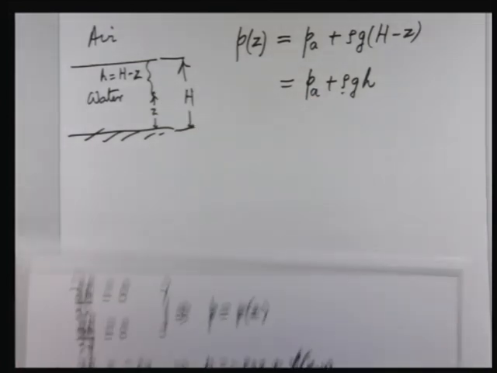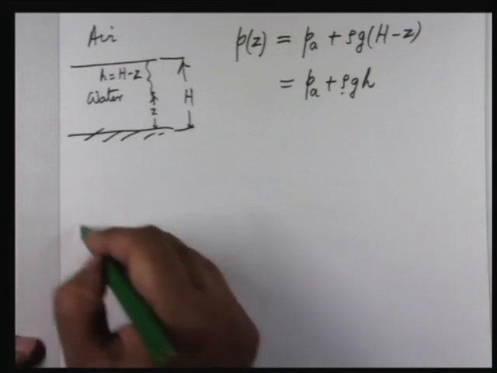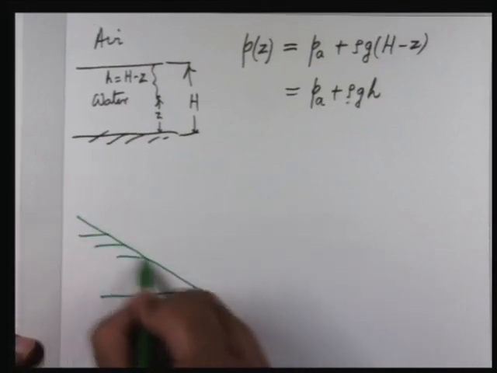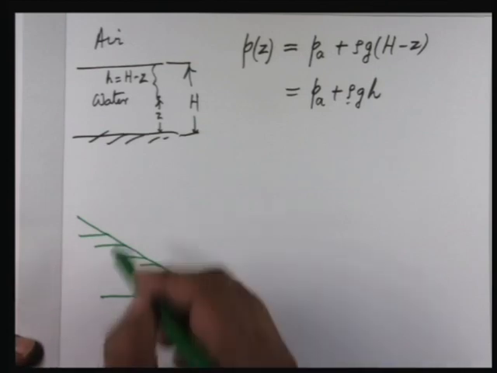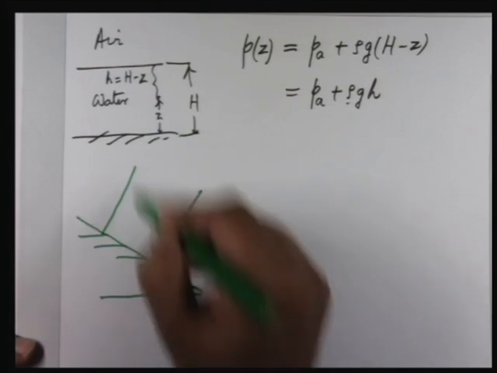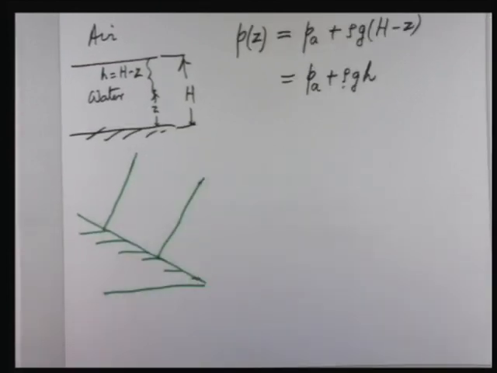Okay. Now let us consider another example. Let us say we have an inclined plane and you have a tank here, which is partly full of water.